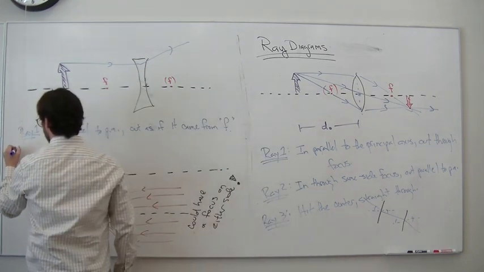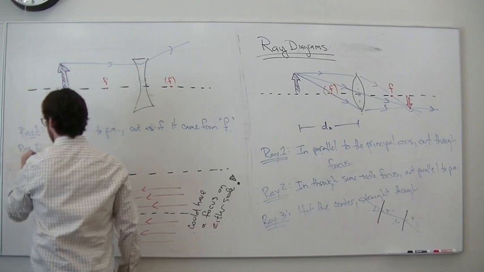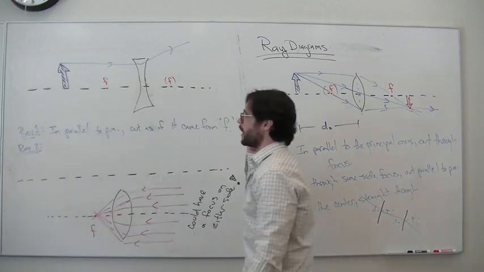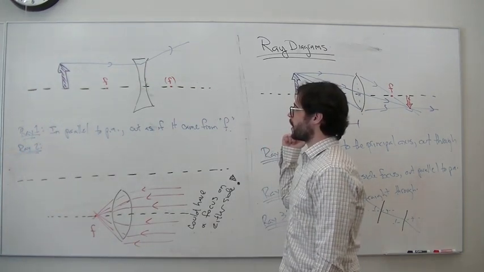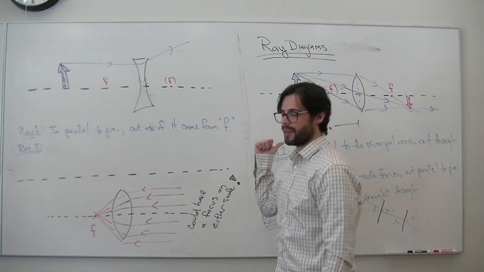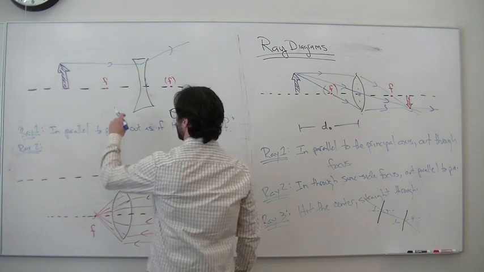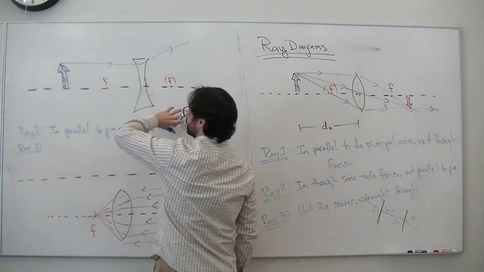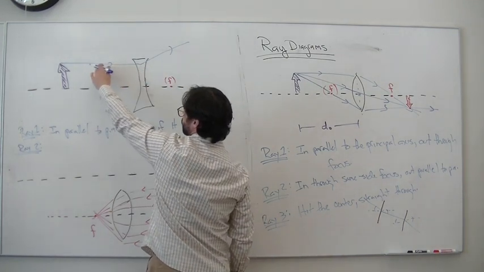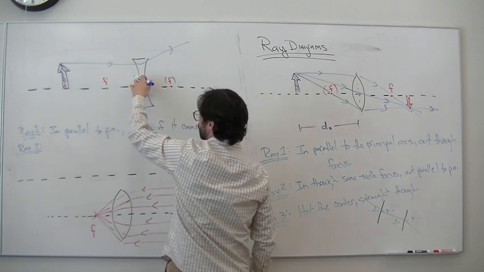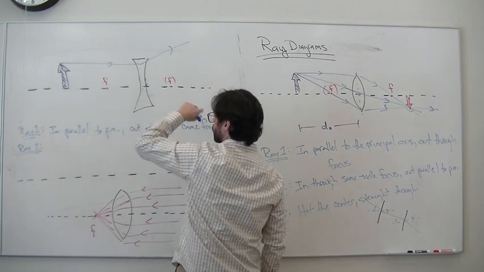What about ray 2? Similar to that, all I know is that I want it to come out parallel. So what could I do to make this thing come out parallel? I've got to have a diverging lens. This thing, if for instance it comes in up here, it's got to bend upwards.